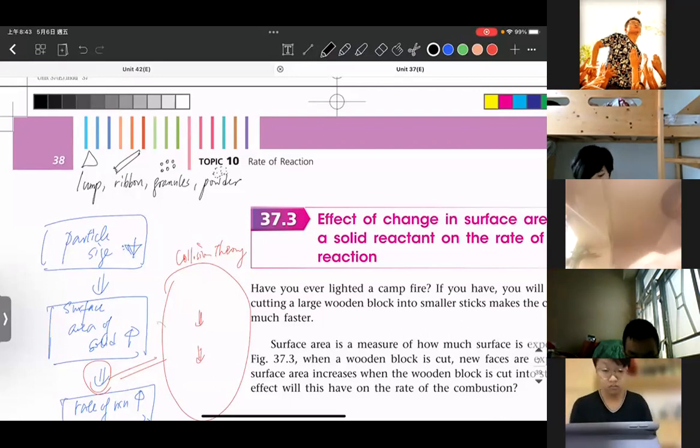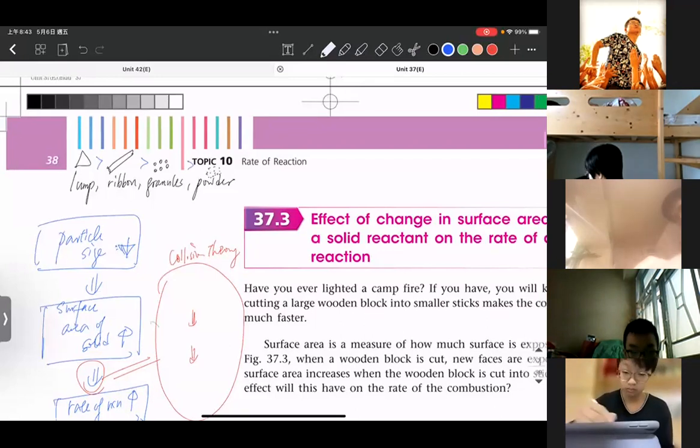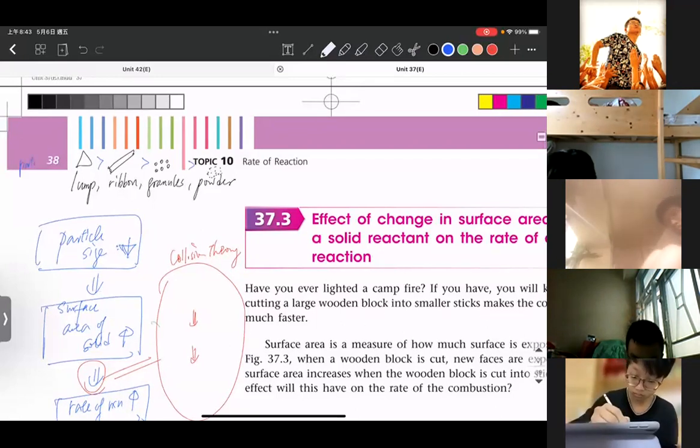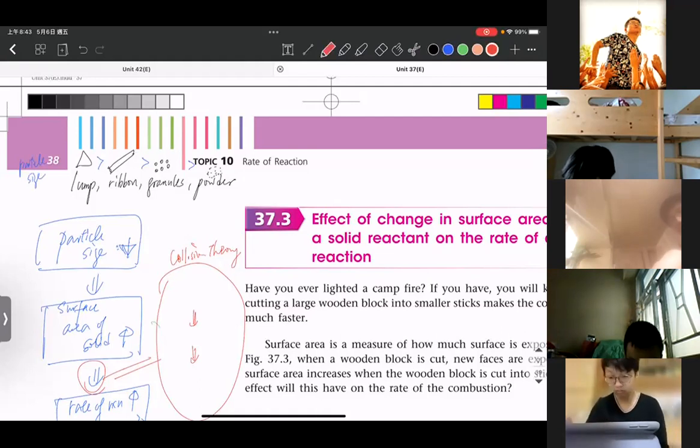In this case, you may find the particle size will be in this order. You get my point. So which means that if you want to talk about the surface area of the solid, the order will be quite the opposite. Remember they are opposite.